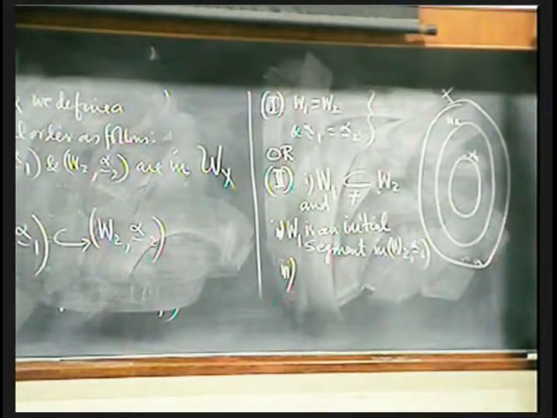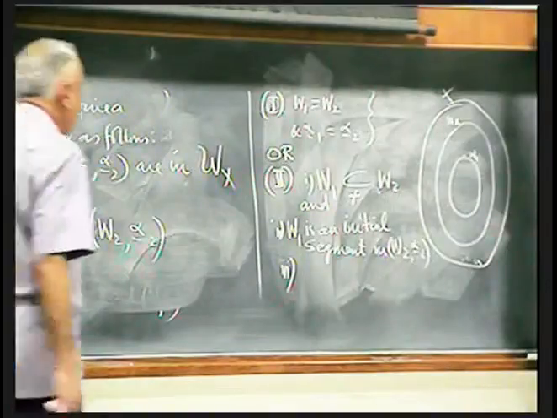So what do I mean by that? Every pair of elements in W1 are 1 related if and only if they are also 2 related. In other words, the 2 relation restricted to W1 is the same as the 1 relation.